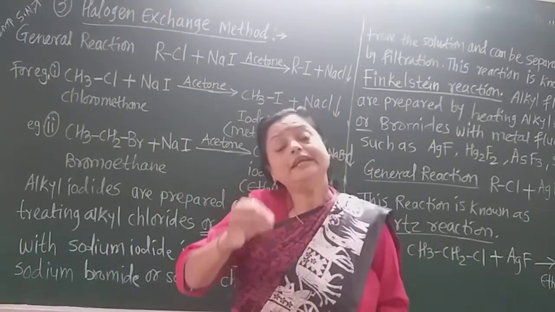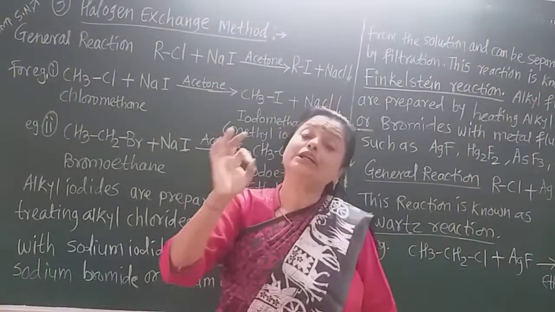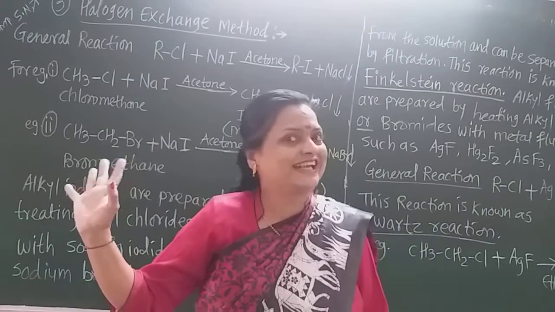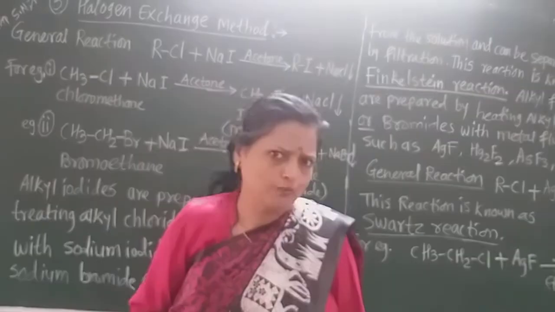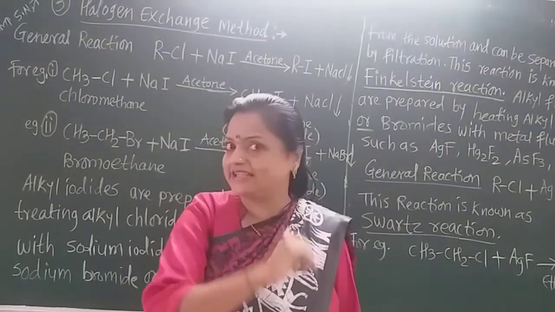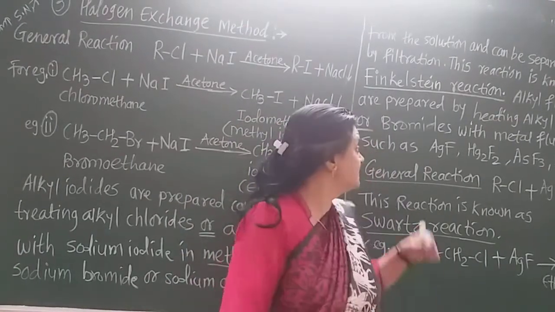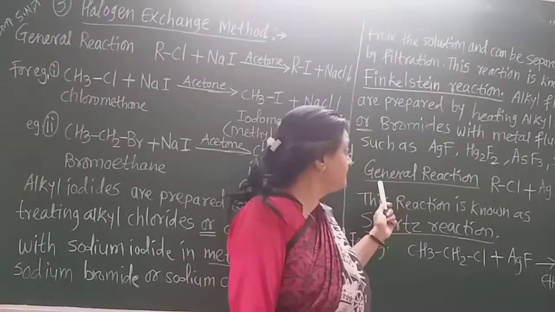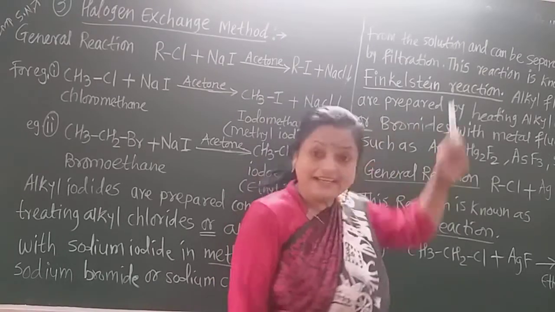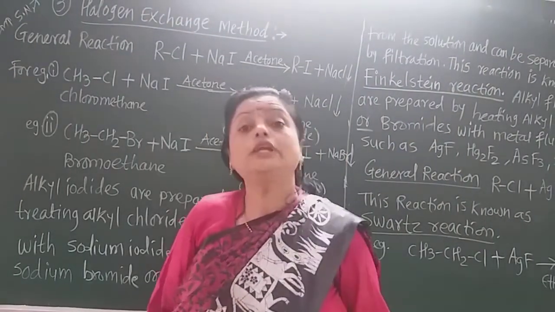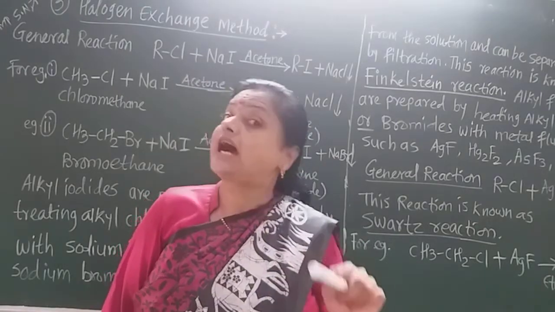That means in Finkelstein reaction there is only preparation of alkyl iodides and not alkyl chloride or alkyl bromide. Remember that. That means in the halogen exchange method, the first method is the Finkelstein reaction. In that there is only the formation of alkyl iodides.